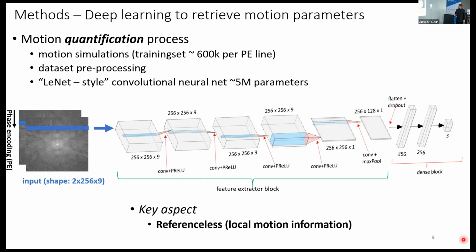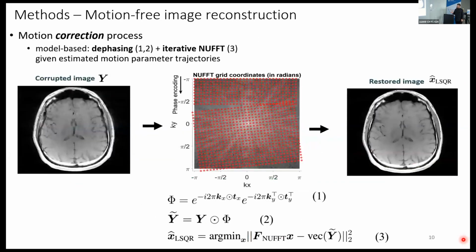And now, given the estimation of these parameters, we can correct the motion, and we build the non-uniform Fourier matrix here, schematically represented by these red dots.